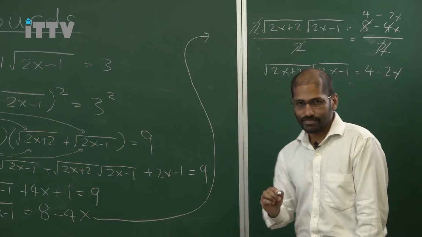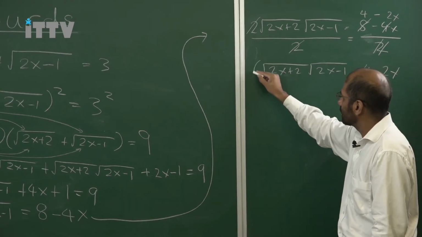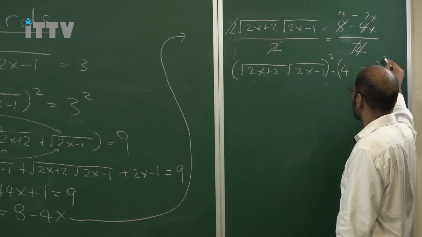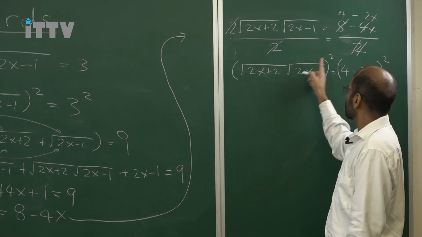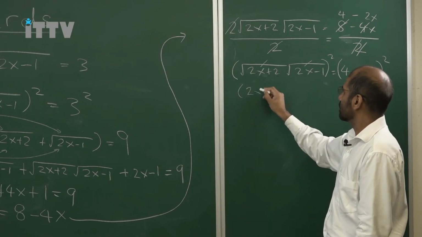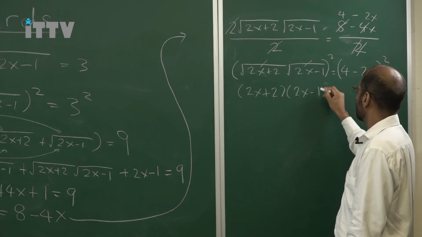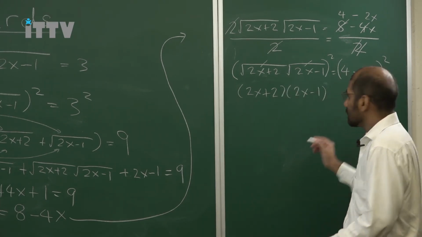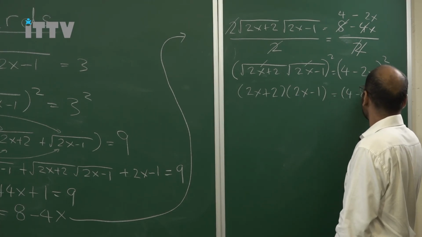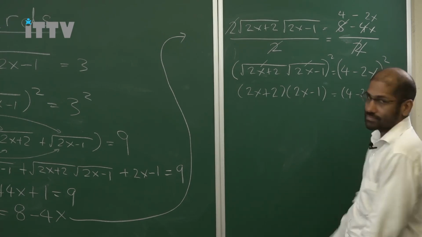And here we need to repeat the step of squaring both sides again. So the square roots and the square would cancel off. So we are left with 2x plus 2, 2x minus 1 equals to 4 minus 2x into 4 minus 2x.